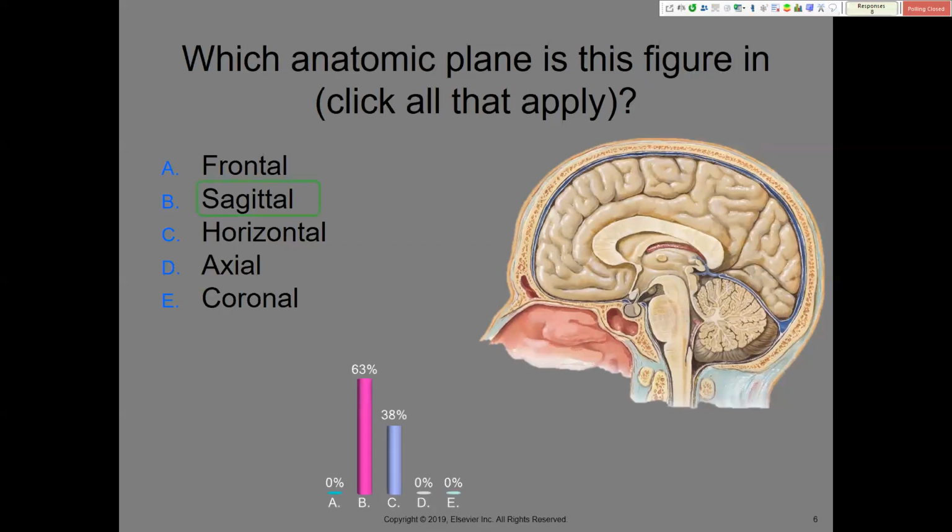Okay, so we had 63 percent say sagittal. So this is stuff that you forget, the little details, when you haven't reviewed it in a while, when these are new terms. It's a good idea to revisit and see which ones of the list you do not remember, and then make sure that you can refresh your memory on that.